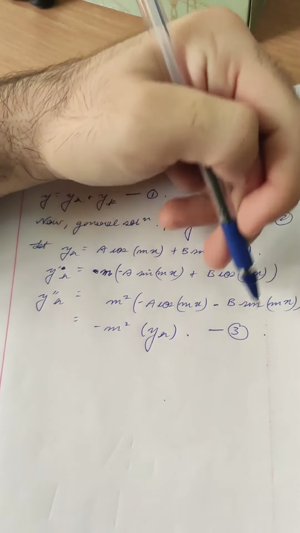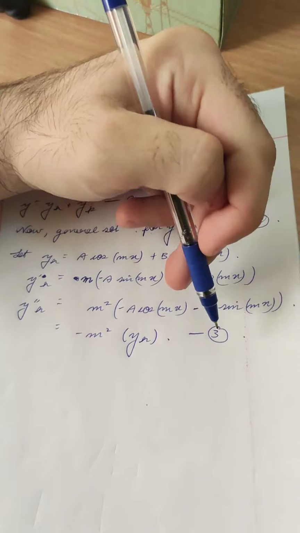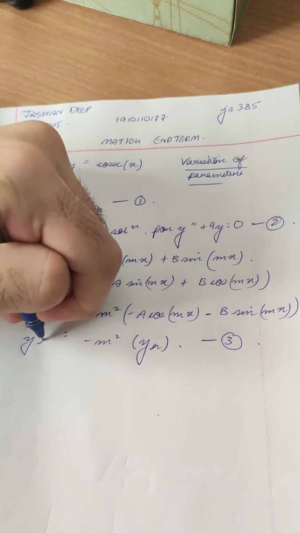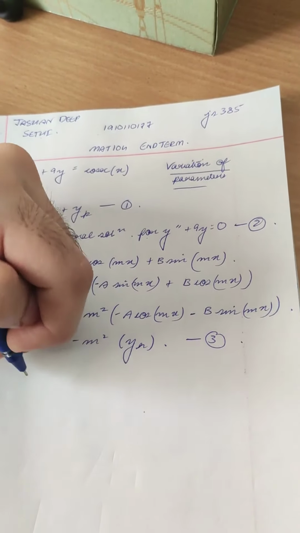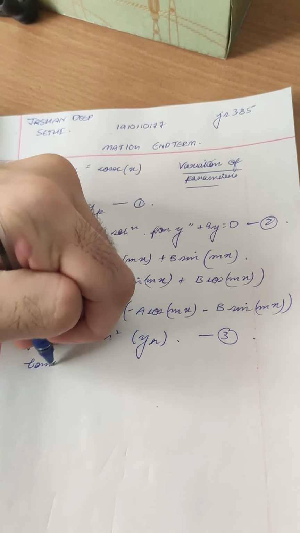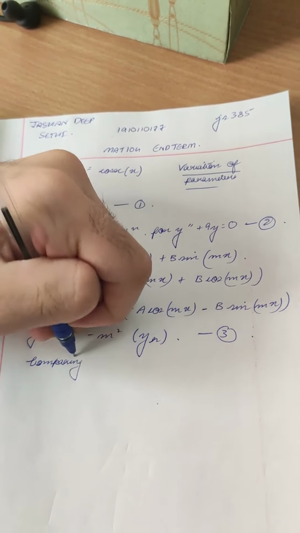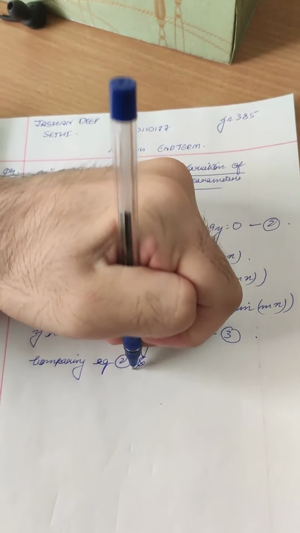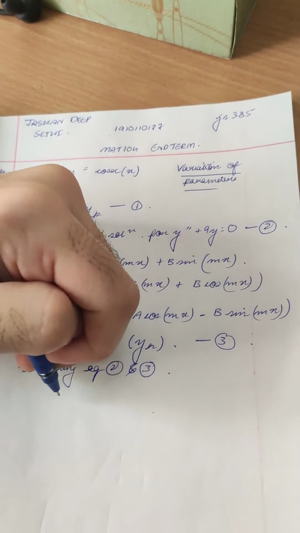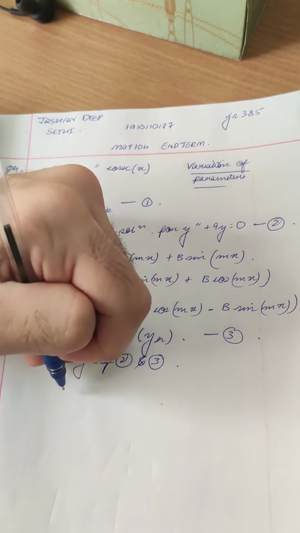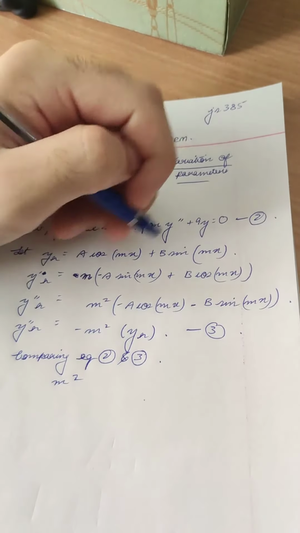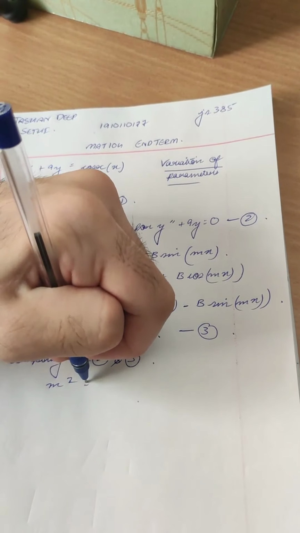Now let's just call this equation as third. So now what we're going to do is compare equation 2 with equation 3. That is, just simply put the value of y double dash in equation 2. So let's just write this, comparing equation 2 and 3. We'll just put the value and we'd be left with m square equals to 9.